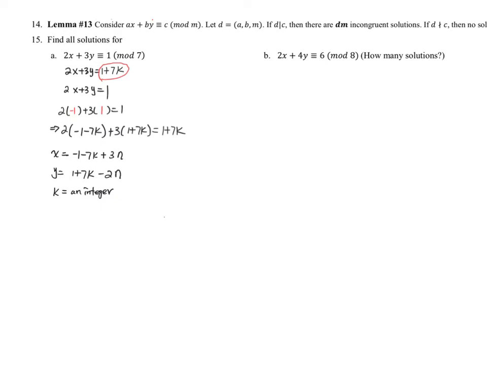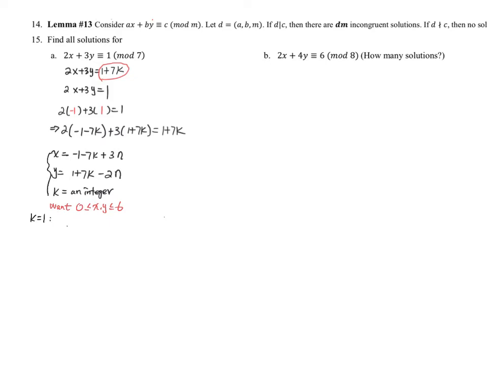So therefore, we now just try different values. Let's begin with k being 1. I want to make sure that we want x and y to be less than or equal to 6, greater than or equal to 0.